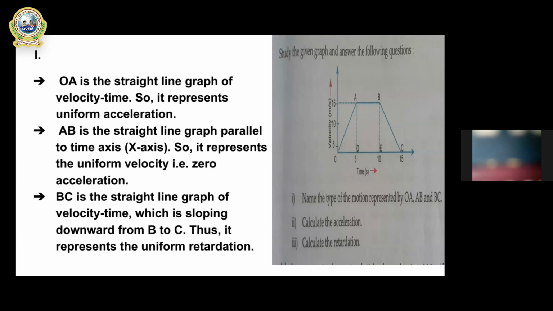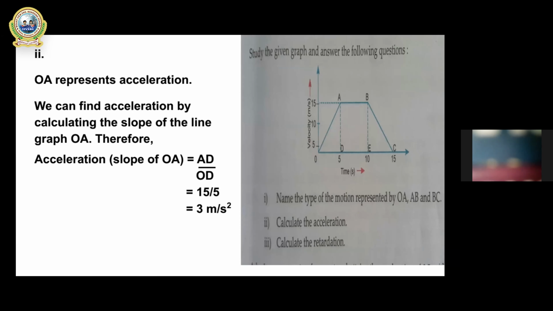Now let me go to the second question. What is the second question there? Calculate the acceleration. Here acceleration means positive acceleration. You have to understand that. The second question is asking you to find the slope of OA, not AB, because AB already has zero acceleration, so you don't need to find that.